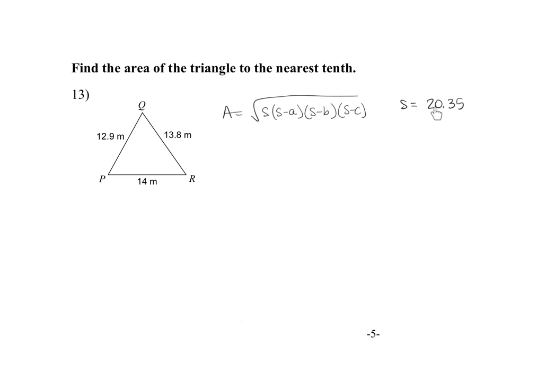So then 20.35 replaces all the values of S, and then A, B, and C are just the lengths of the sides there, and the area is the square root of 6,305.7, and that is roughly 79.4.